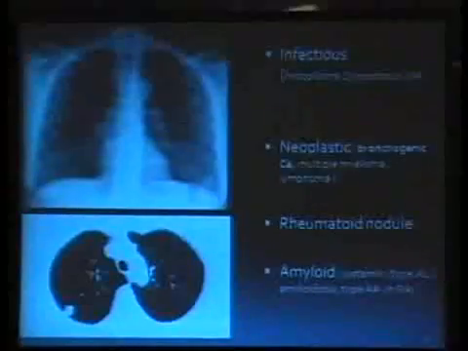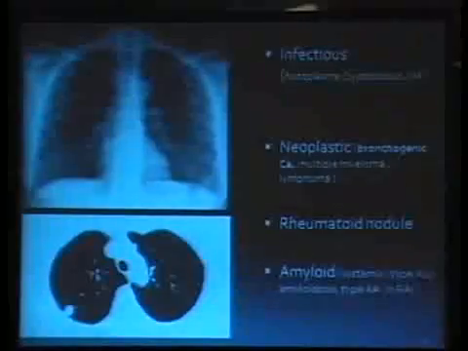So this could be a neoplastic nodule, this could be a straight-out rheumatoid nodule, and this could be an amyloid deposition. Now, people with rheumatoid arthritis tend to have more of the type AA amyloidosis, which is not associated with known nodules, but certainly that's on the differential.